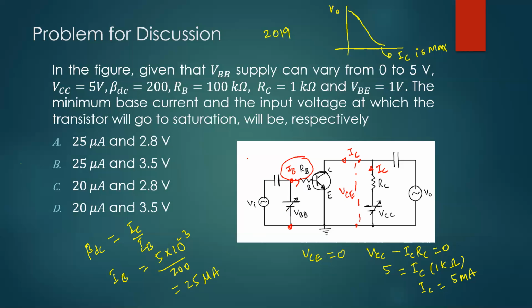If I multiply 25 micro into 100 kilo, I'll get 2.5 volts. So there's a drop of 2.5 volts. And again, across B and E, there is another drop of 1 volt. So 2.5 plus 1 should be 3.5. So B should be the correct answer.